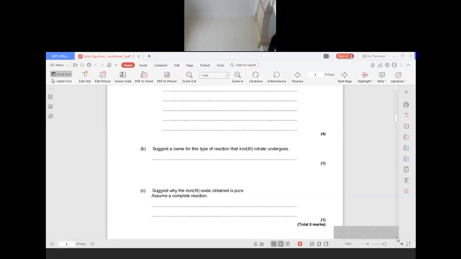The next question is thermal decomposition, and then for C, it is easy to escape. Okay, that's correct.